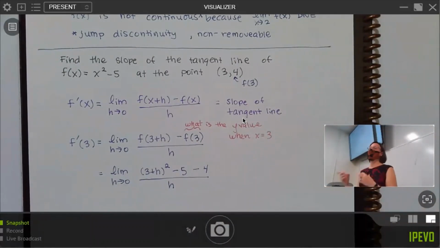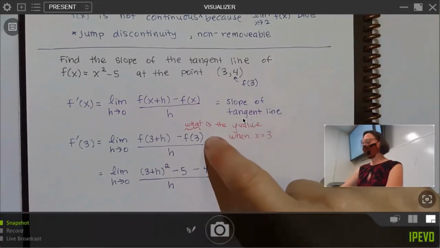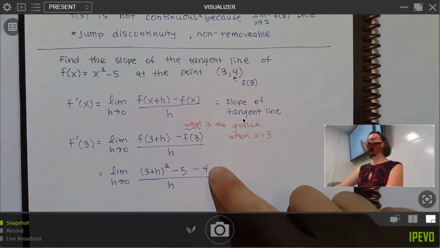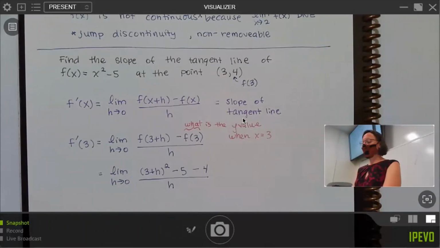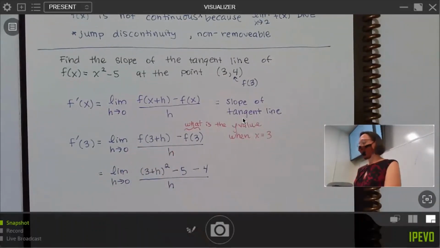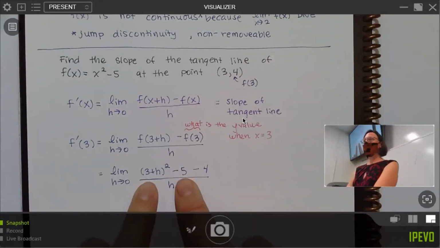That's what that notation of f with the 3 in parentheses means. So it isn't so much that the f's have canceled out. I'm replacing f of x with its value. Like I've replaced f of 3 with the value of 4. And I've replaced f of 3 plus h with what you get when you plug in 3 plus h to the function.